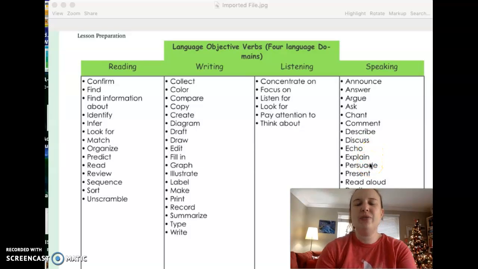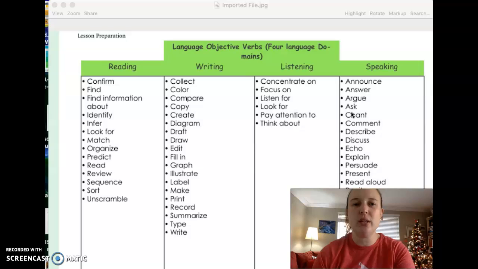So if you're really at a starting point where you're like, I'm not sure what the academic language of my lesson is, we would recommend that you take a look at a chart like this to try to see, well, what am I wanting kids to do?